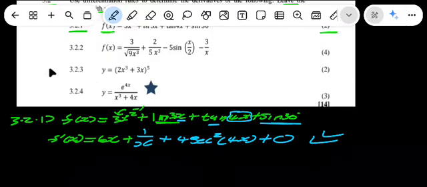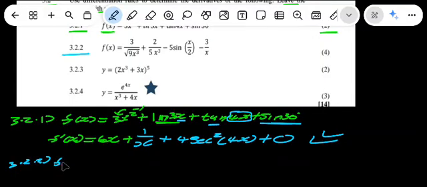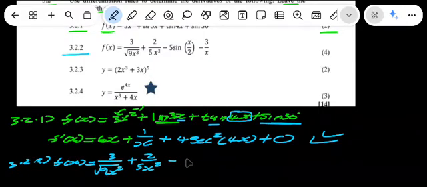Now we have 3.2.2. It says here the f of x is equal to 3 all over the square root of 9x squared, plus 2 over 5x squared, minus 5 sine x over 2, minus 3 over x.